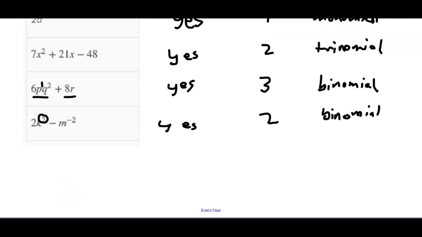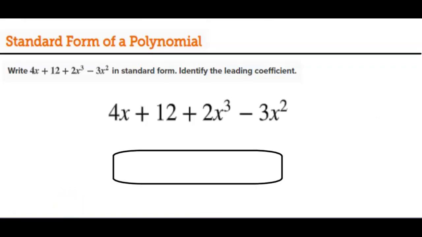Okay. So moving on to the next slide here. This is just writing things in standard form. Standard form just means that the exponents decrease from left to right. So all of these, none of them have like terms, but we do need to rewrite them in this order.